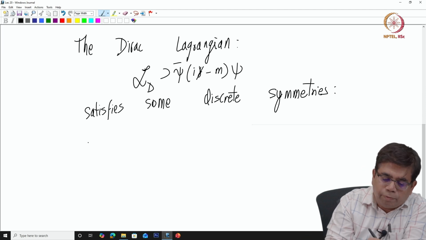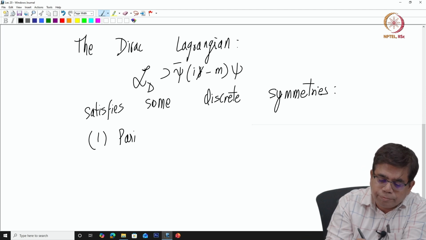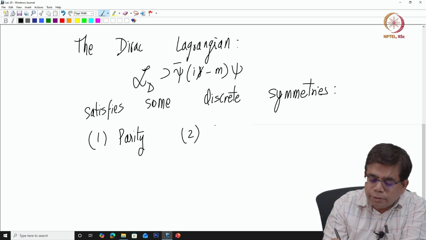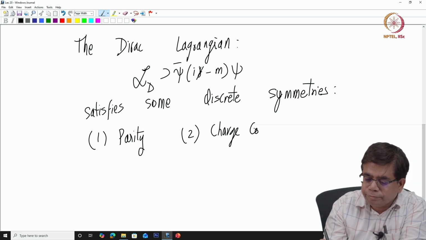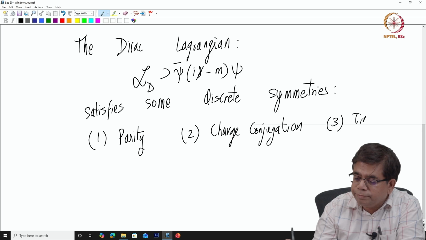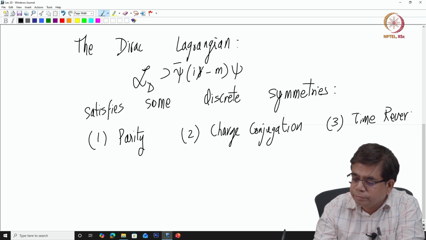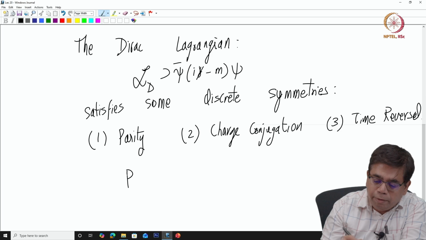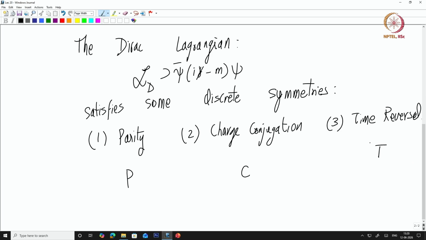There are 3 of them: one is called parity, charge conjugation, and the third one is called time reversal. So you have P, C and T, these are the 3 discrete symmetries of the Dirac Lagrangian, and this is reflected in the solutions also.